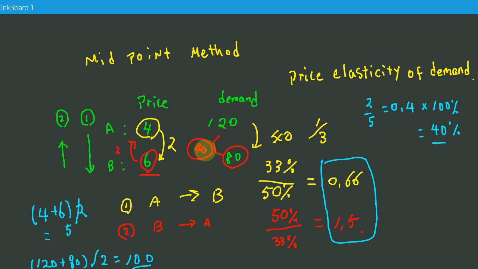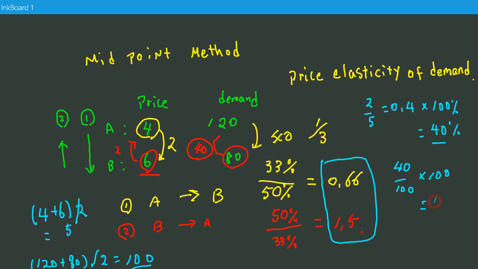We have 40 and we have 100, right? So on the contrary, same effect.